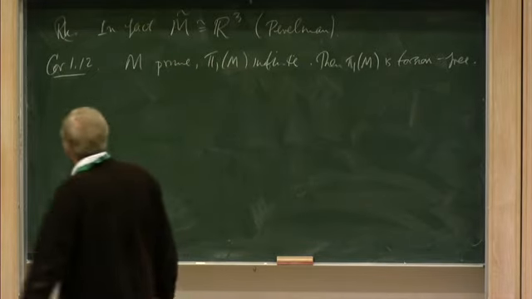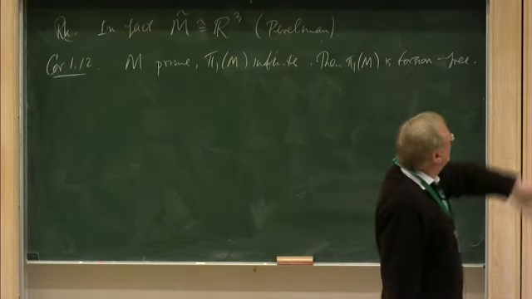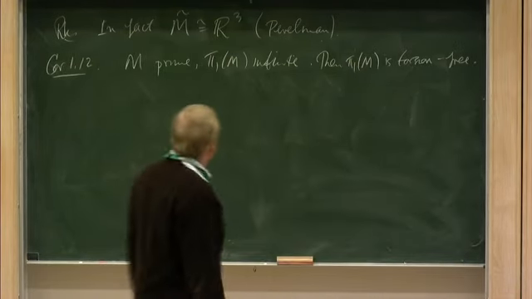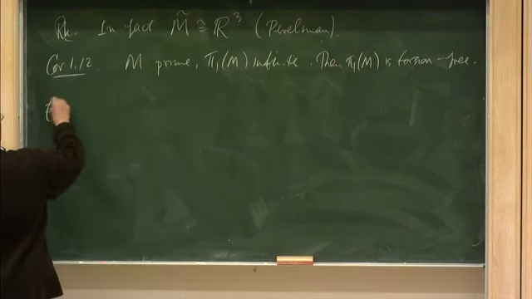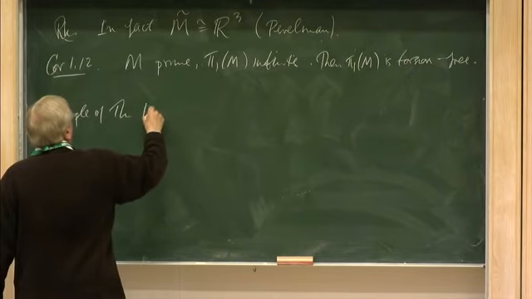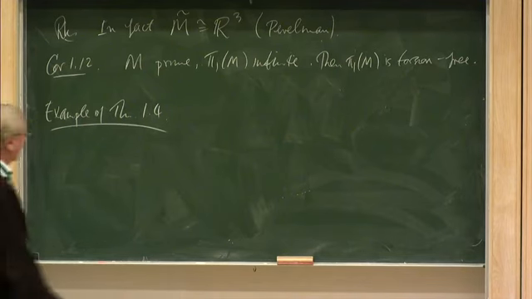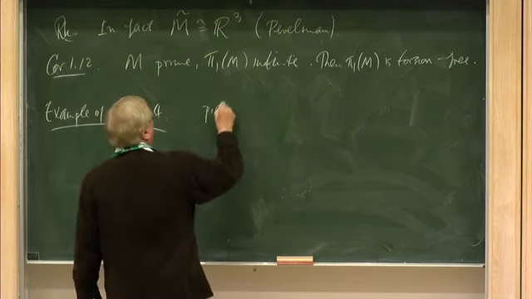If we go back to Theorem 1.4, 3-manifolds with finite fundamental group, let me just remind you of a well-known example. These are the lens spaces. So let's take 2 integers, P and Q, relatively prime.